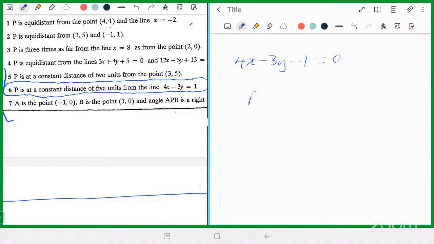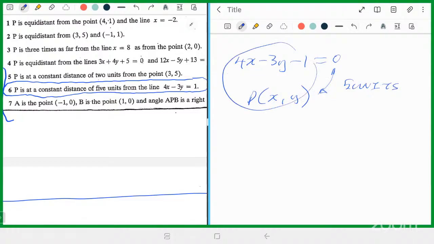And the point P is (x, y). And the distance between this and this is always 5 units. So the distance from the point to the line is always 5 units. So you can put the plus or minus 5 on this too, you know.